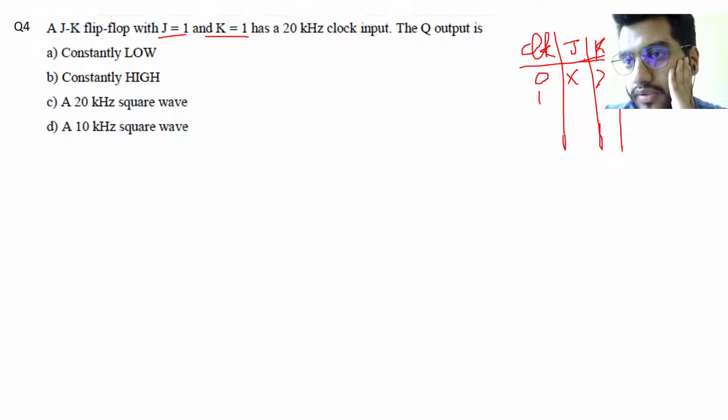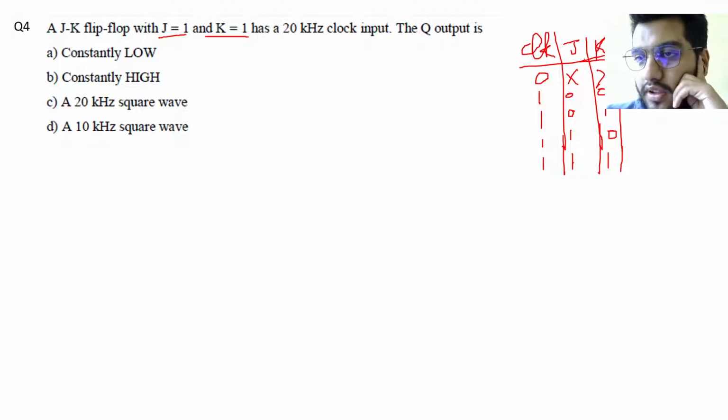Now when the clock is 1, we have 4 cases: 0 0, 0 1, 1 0, and 1 1. When it's 0 0, it will again be equal to memory. When it's 0 1, it will be a reset condition. When it's 1 0, it will be a set, output 1.